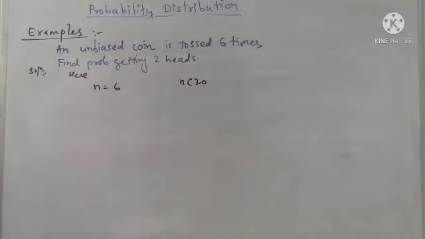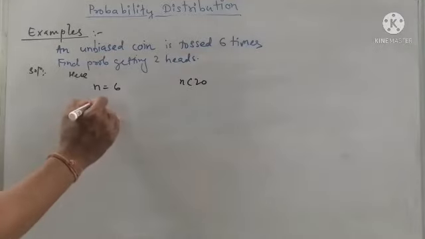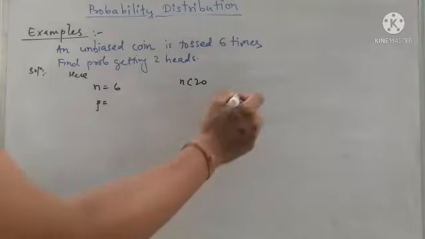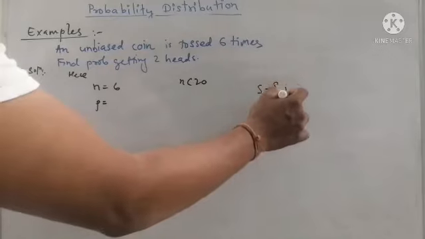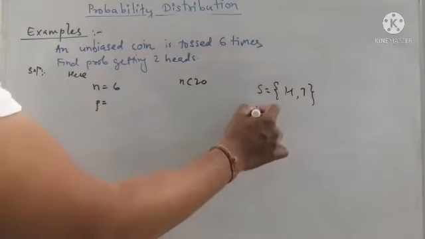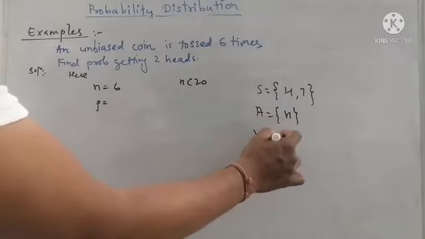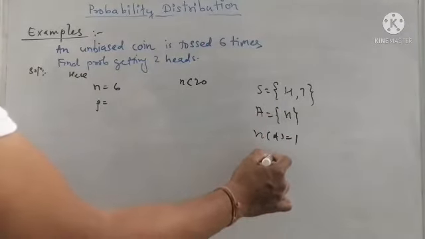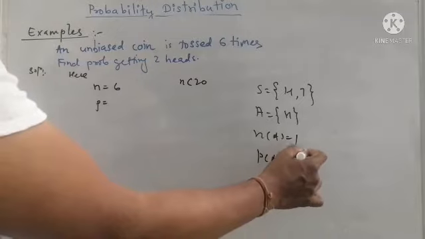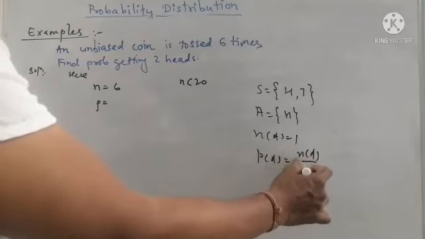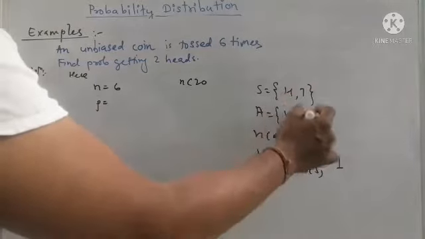That means getting a head is our probability of success here. By tossing a coin, as we know the sample space is H and T, and as we have to find getting a head, n of A is 1, as P of A is always n of A divided by n of S. Now n of A is 1, n of S is 2.